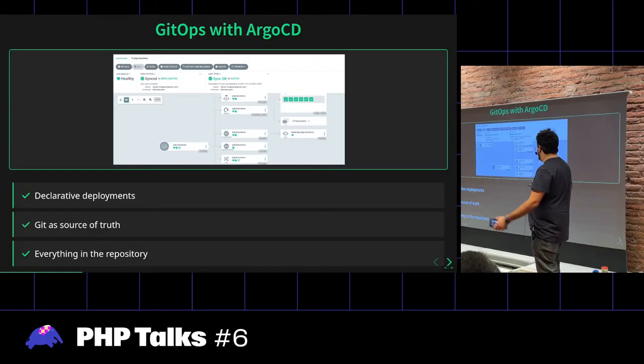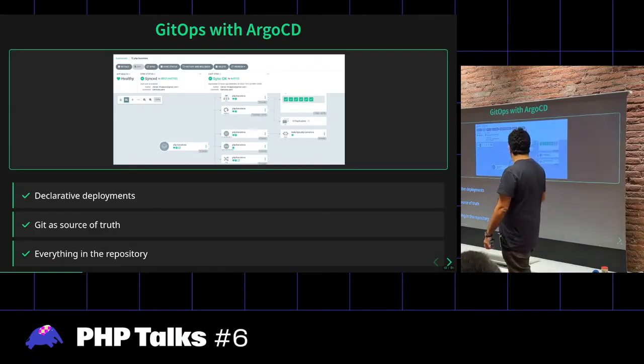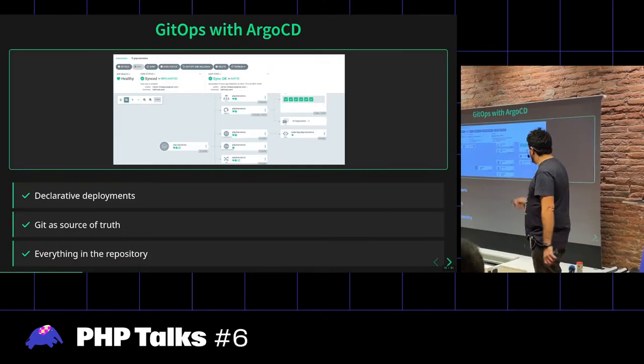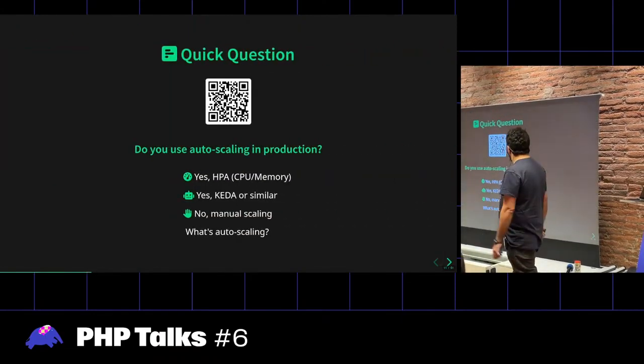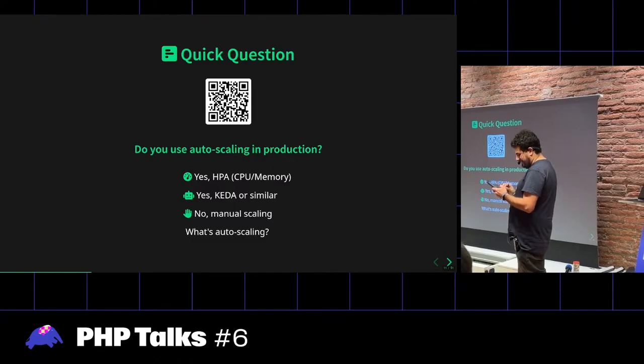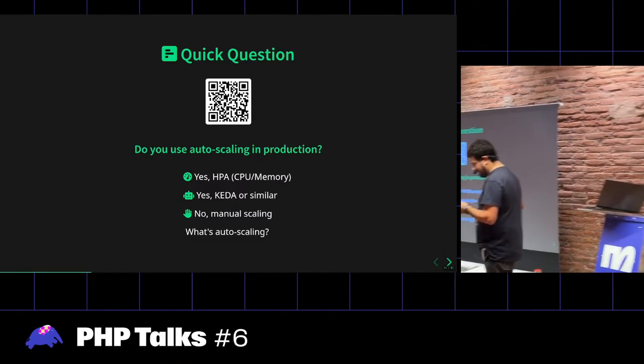If there is a change, it brings it and deploys the new production system really fast. You don't need to worry, it's plug and forget. Really nice. So let's go with the next question.